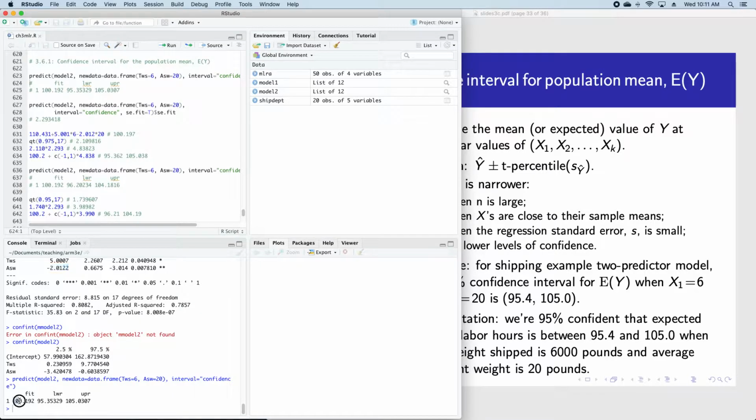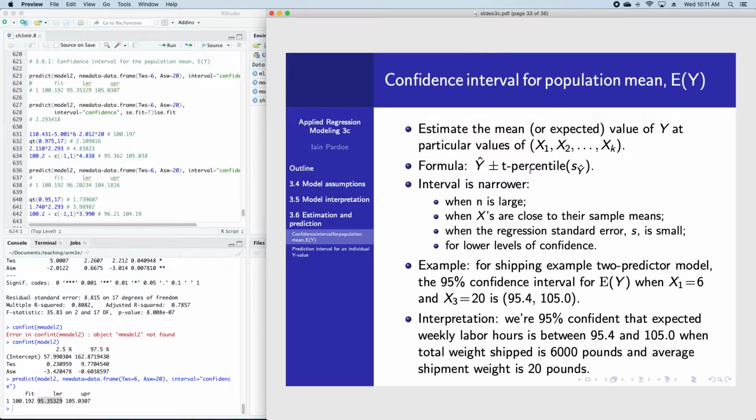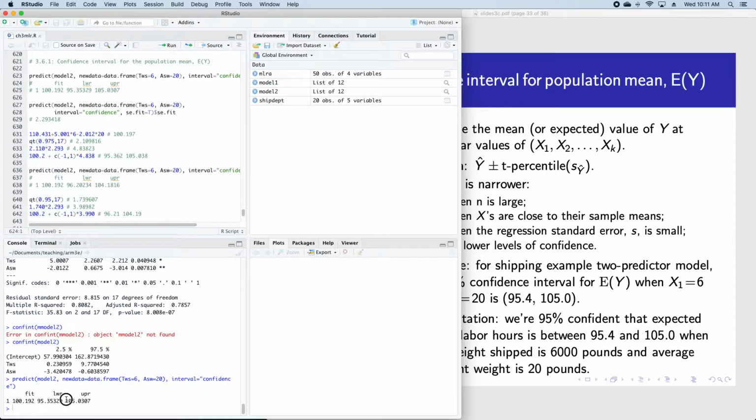That gives me my y hat, and then y hat minus a t percentile times the standard error of estimation is equal to 95.4, and y hat plus that t percentile times the standard error of estimation comes to 105.03, or 105.0 to one decimal place.